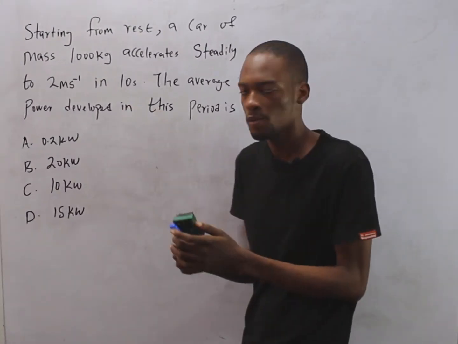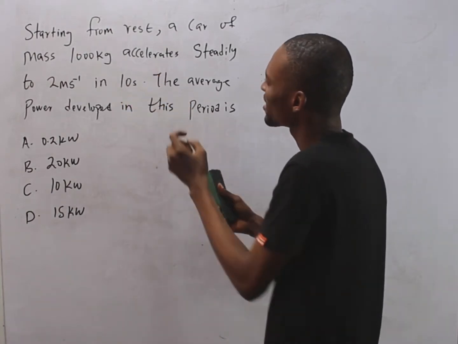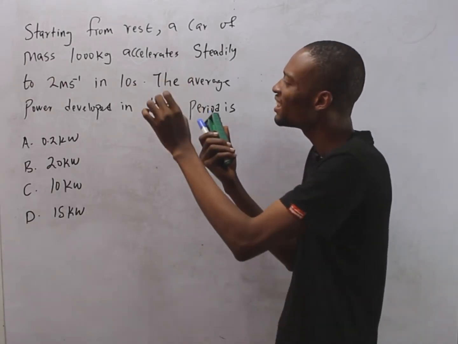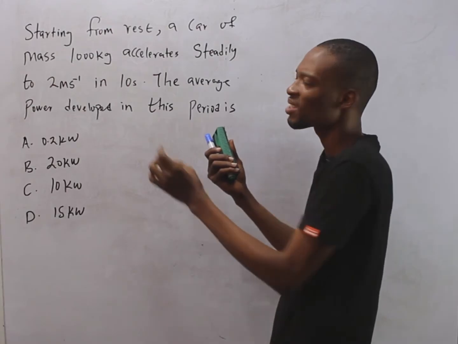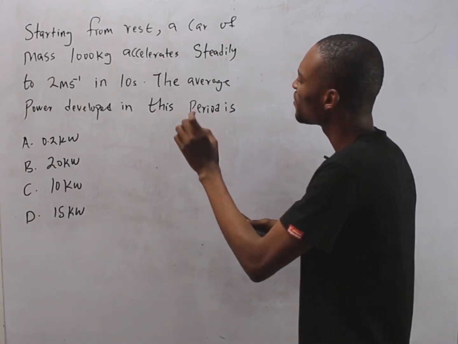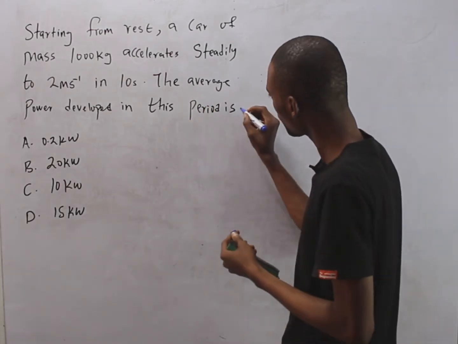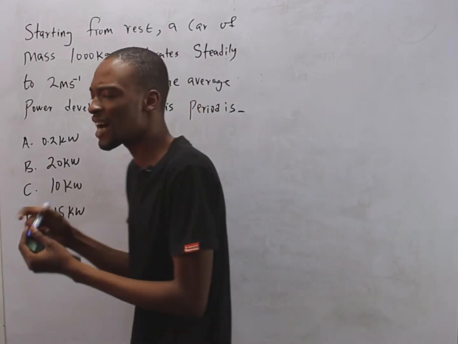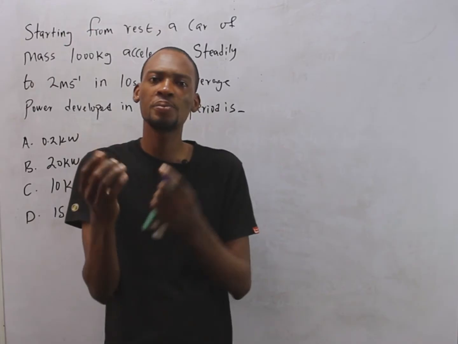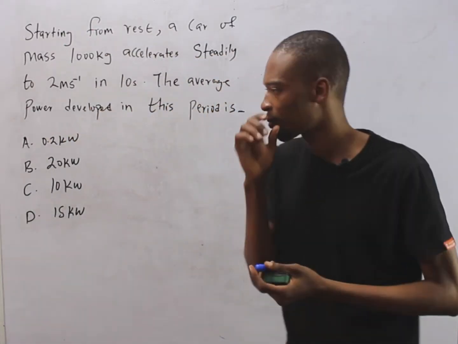Now this question says, starting from rest, a car of mass 1000 kg accelerates steadily to 2 meters per second in 10 seconds. The average power developed in this period is dash. The task is to solve for the average power developed by the car. Now let's look at the parameters.